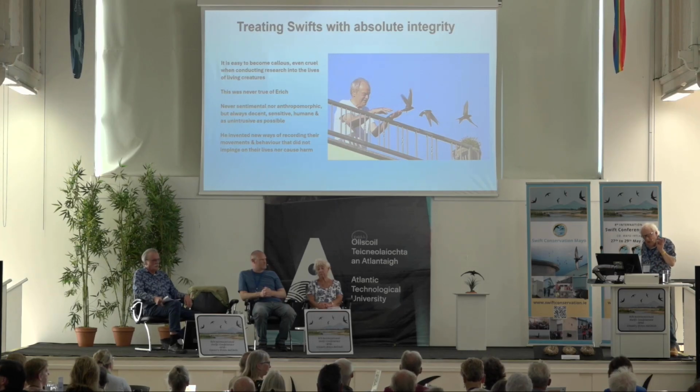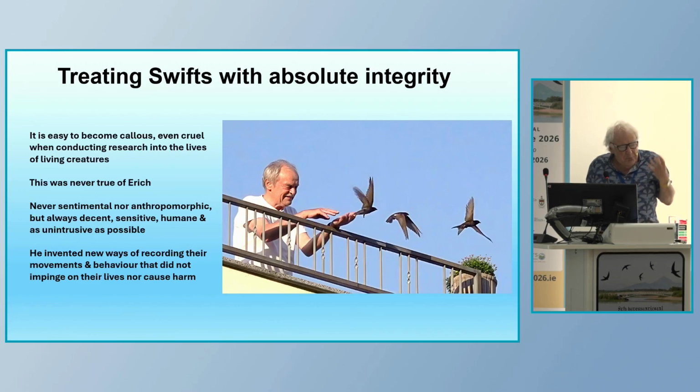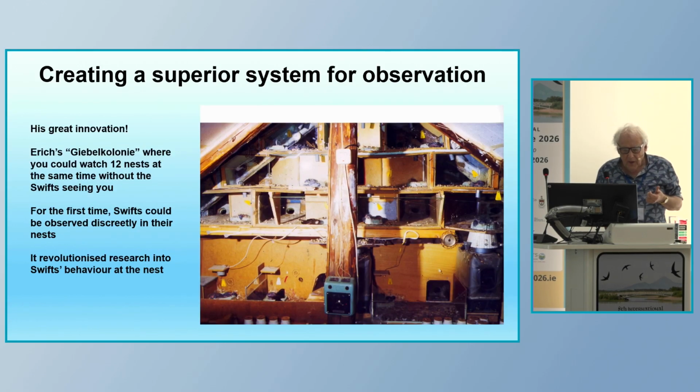So he invented new ways of recording swift movements and behavior that impinged really little on their lives. And he created a superior system for observation. This is his famous Gable colony, where you could watch 12 or more nests in action without the swift seeing you, because you were behind a plexiglass wall in a dark cupboard, and the swifts were the other side, lit by tiny little lights.